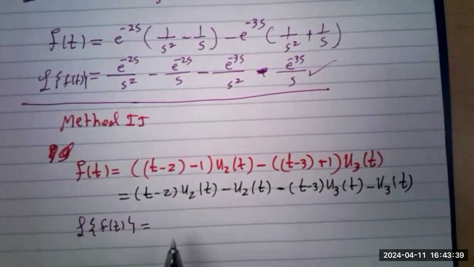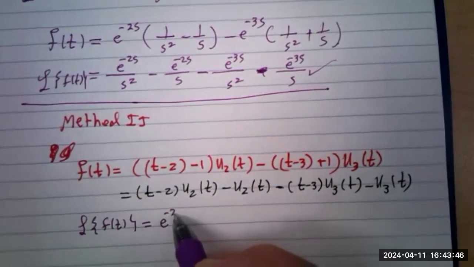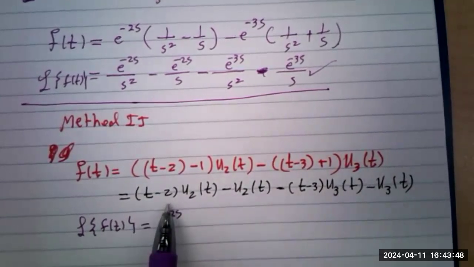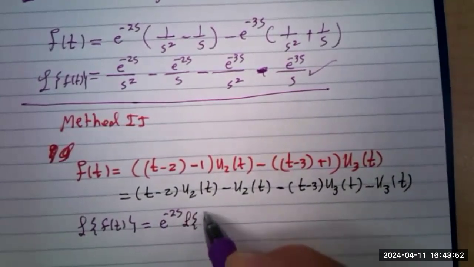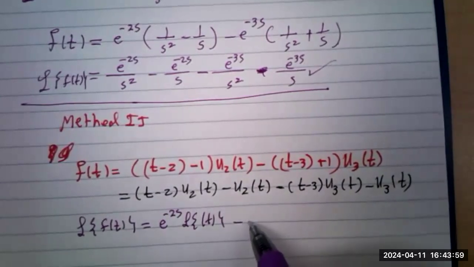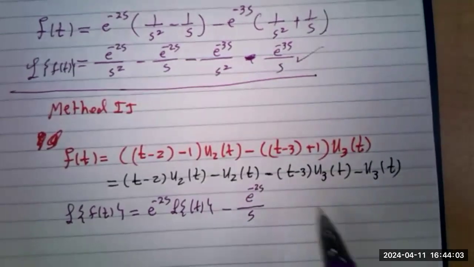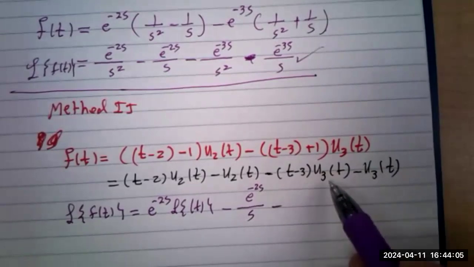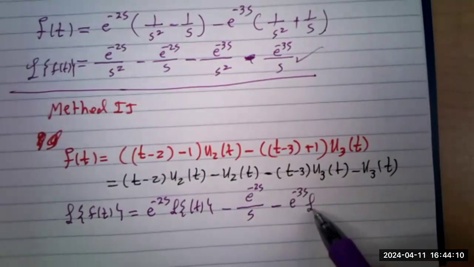It's going to be Laplace of the first one. You see this one? This is standard, because u2(t) gives you e to the negative 2s, and this would be the Laplace of t only. Laplace of u2(t) is a unit step function; Laplace of a unit step function is e to the negative 2s over s. Minus, this is u3, so that gives you e to the negative 3s times Laplace of t.